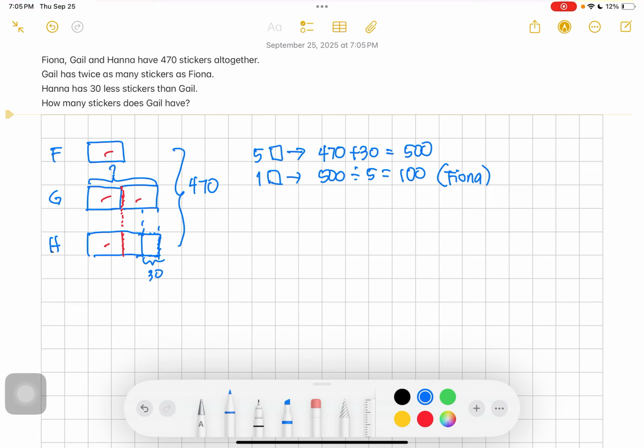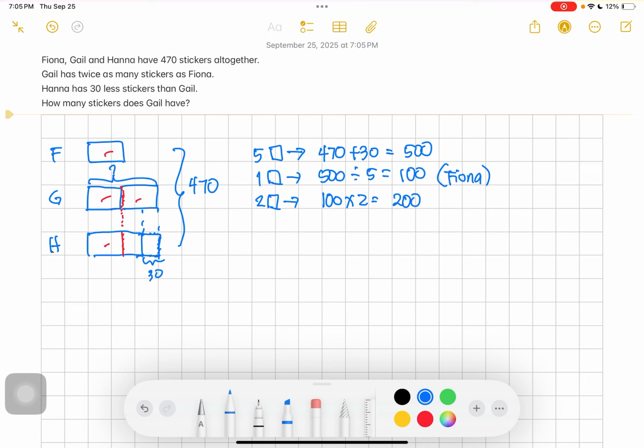So is this the answer already? Not yet, because we're trying to look for Gail. And Gail has 2 units. So that would now be 100 times 2, 200.